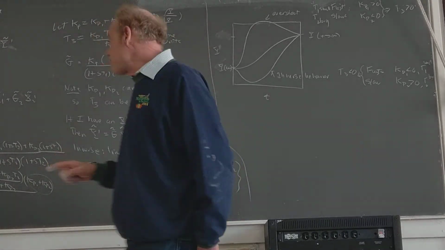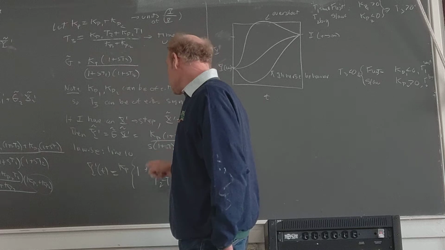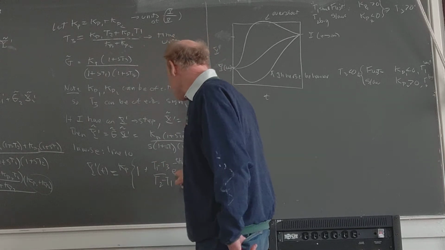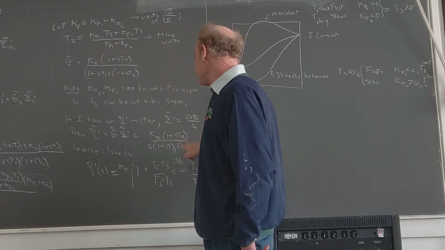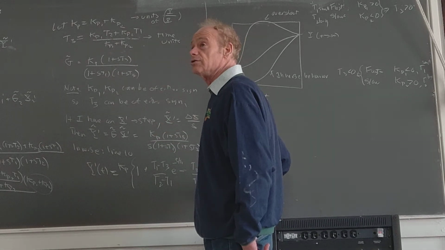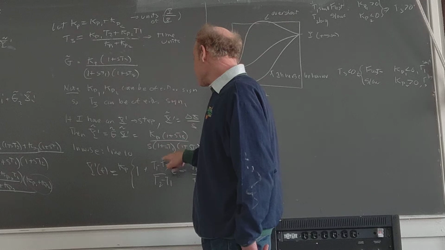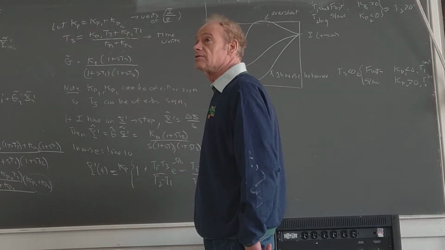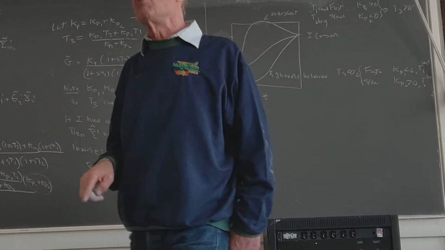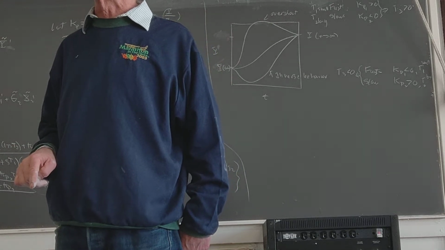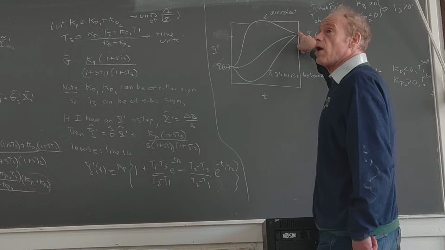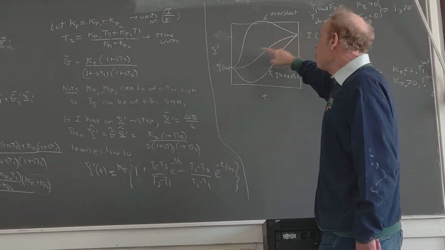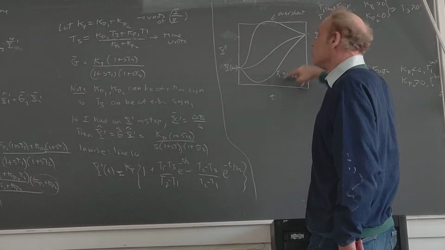However, notice it's the roots of the denominator that give me the exponentials. The numerator does not enter into the exponentials. However, the numerator enters into the coefficients. And sometimes those coefficients could be really important, because even though at long times this is stable and it goes to y prime, the coefficients can give me overshoot or inverse behavior.